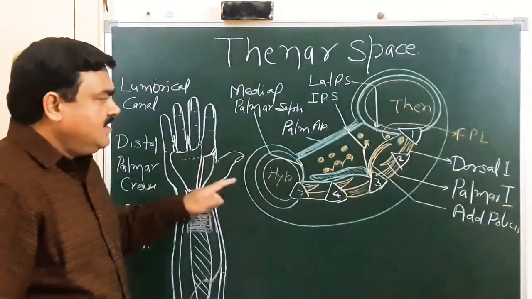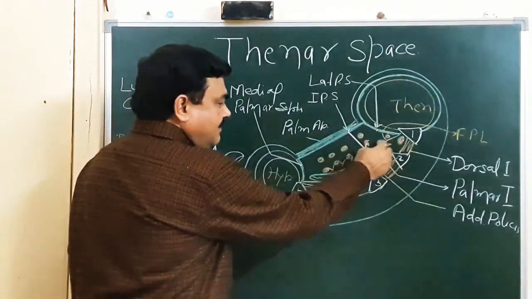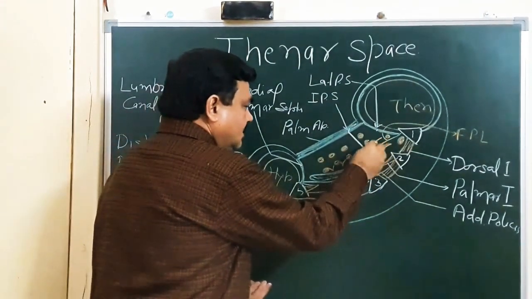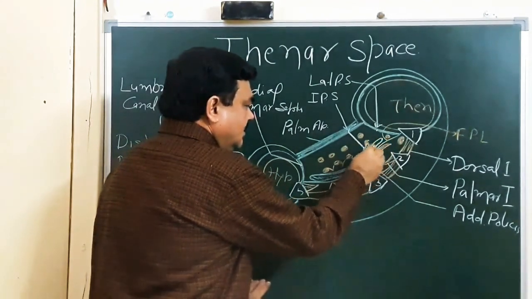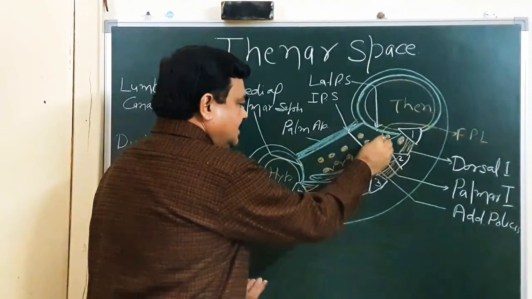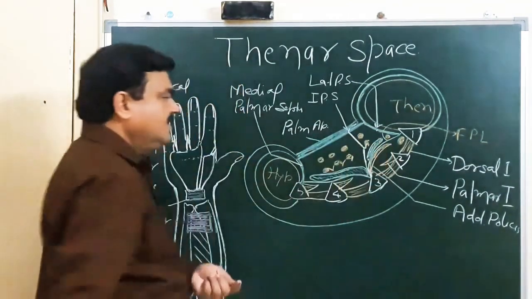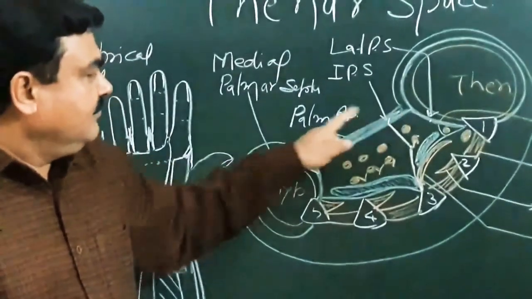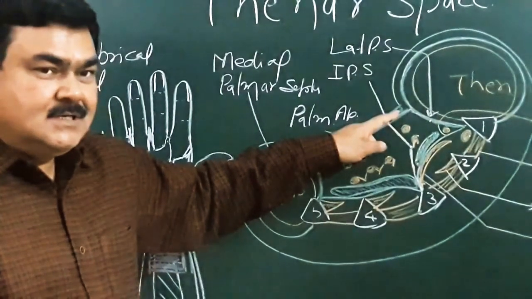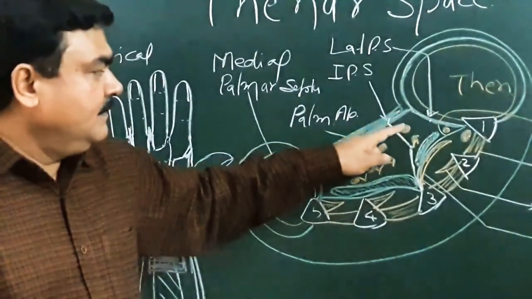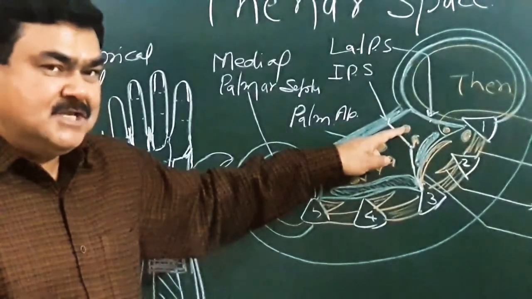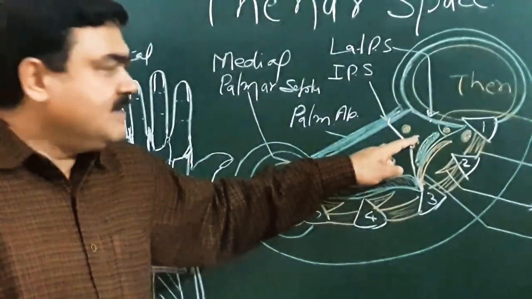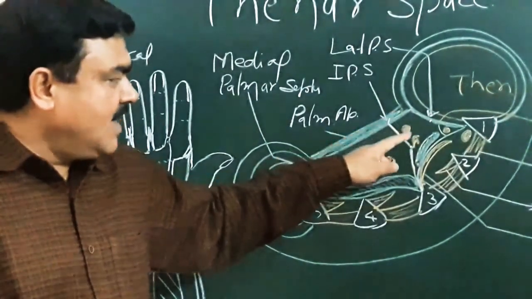Boundaries of this space in this diagram: this space is the thenar space. Anteriorly, it is bounded by palmar aponeurosis, long flexor tendons of the index finger, that is flexor digitorum superficialis, flexor digitorum profundus, and the first lumbrical. These structures form the anterior boundary.